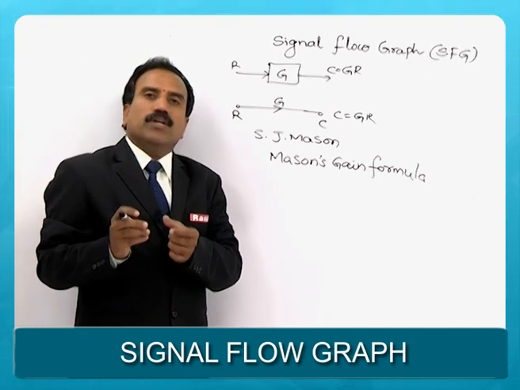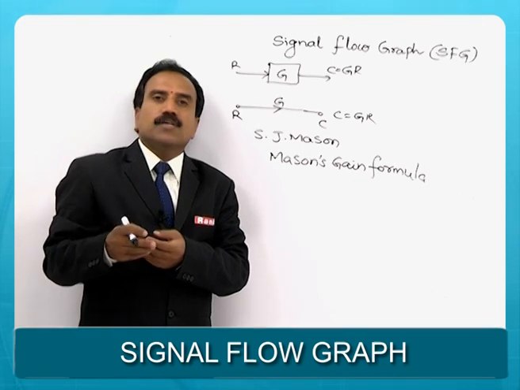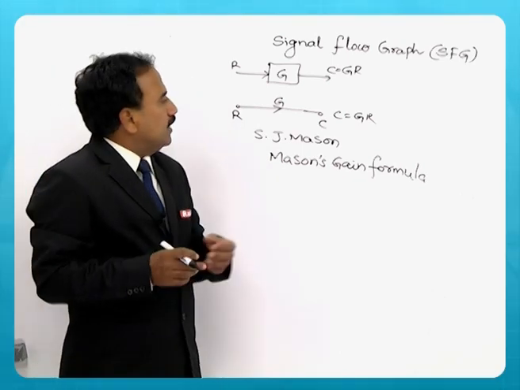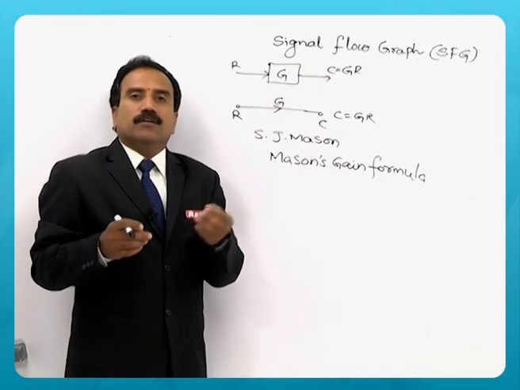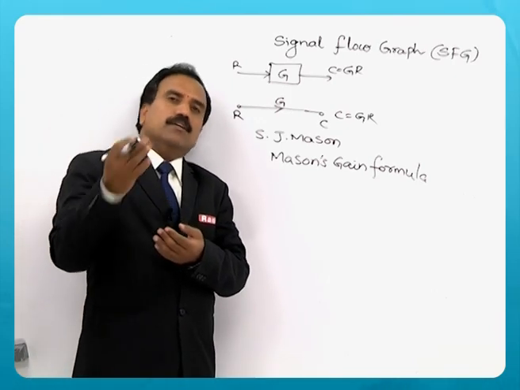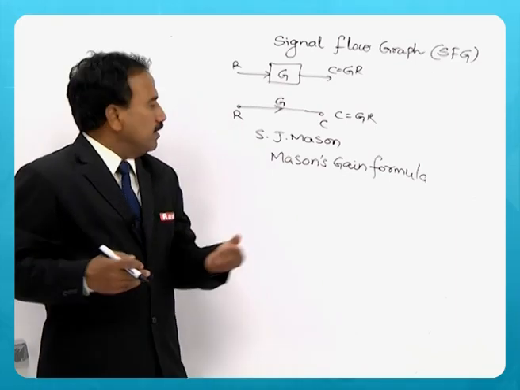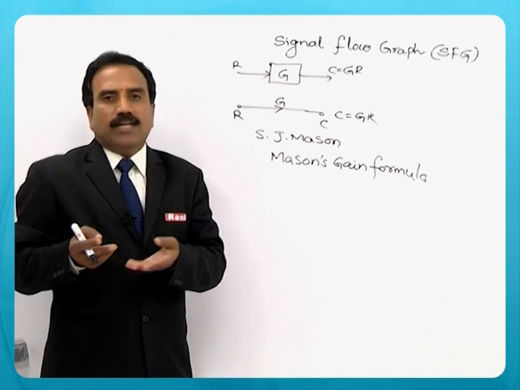Remember that overall transfer function we may take for the analysis of stability or response, etc. So let us see what is signal flow graph, and when a block diagram is given, how to transform that given block diagram into signal flow graph, then how to apply Mason's gain formula to determine the overall gain or overall transfer function.